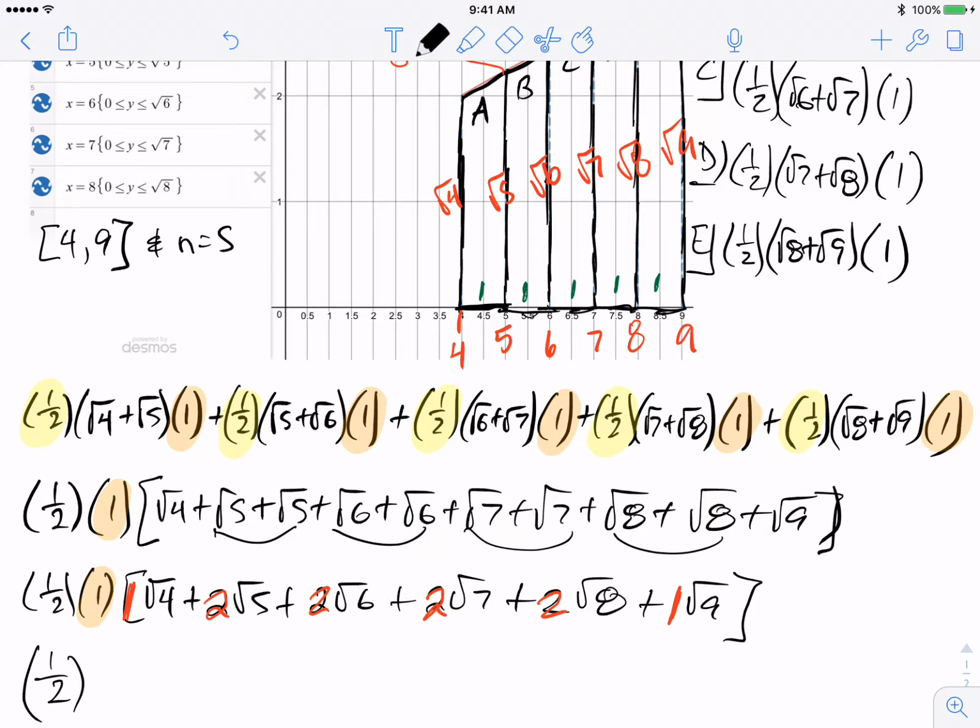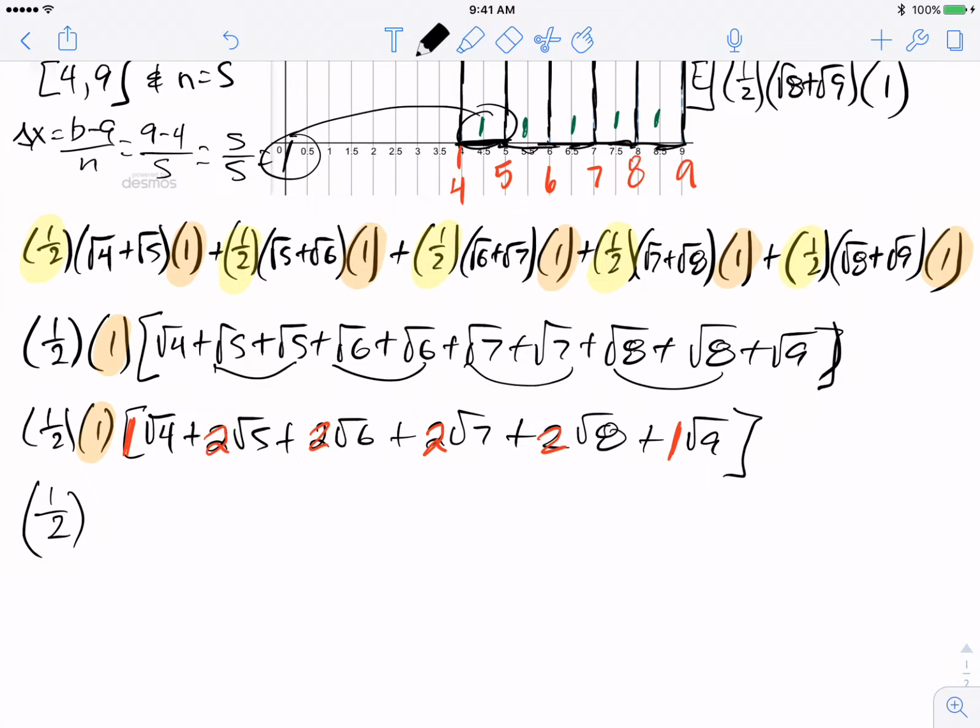Well, if you recall, we said that delta x was b minus a over n. Remember, this is my a, this is my b. So 9 minus 4 over 5 equals 5 over 5 equals 1. So this one here, it was easy to see from the picture, but we actually calculate that. So I'm going to write that as 9 minus 4 over 5. So you know that that is our delta x.